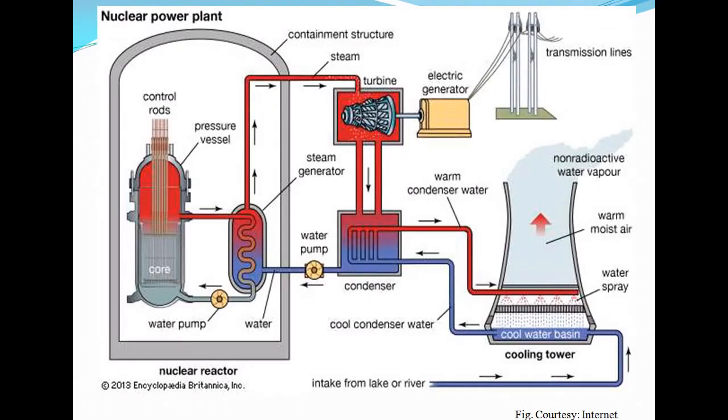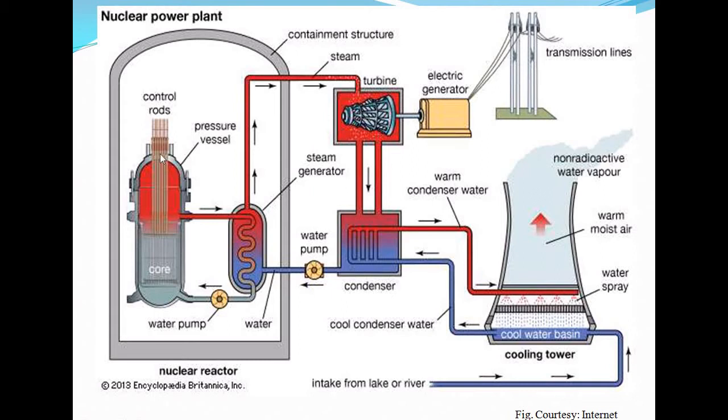So now this is a construction of nuclear power plant. You can see a reactor here. This is the reactor, and you can see here the core, which will have our uranium. Then these are the control rods that are inserted, that can be moved in and out.